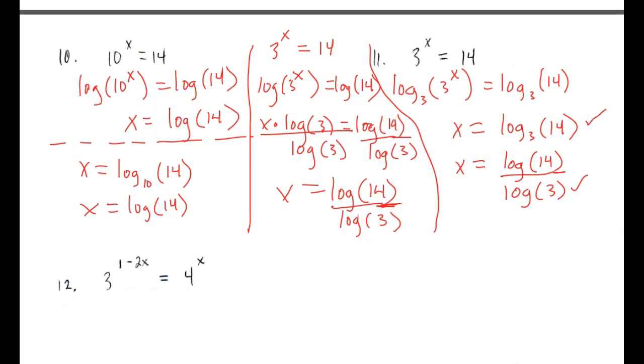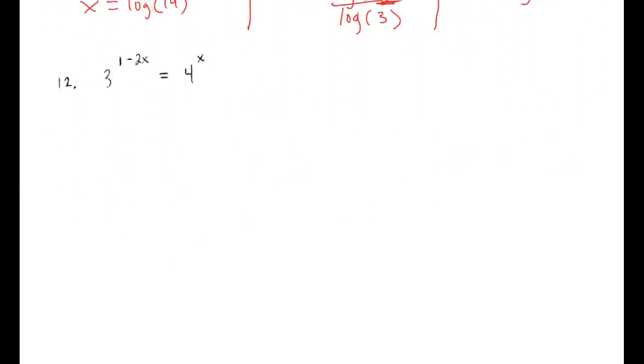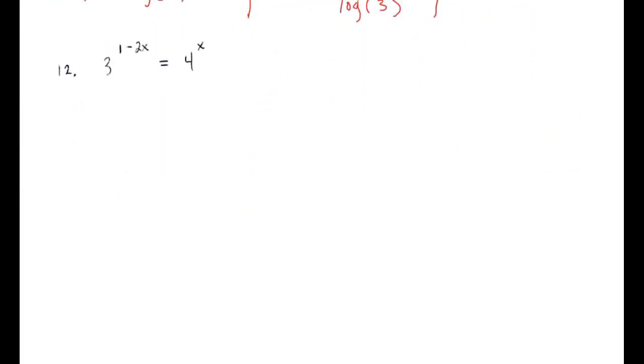Okay, so now for our final example, you see that for this equation, we have two exponential expressions that are equal to each other, but they are of different base. Since they are of different base, we must take the log of both sides.